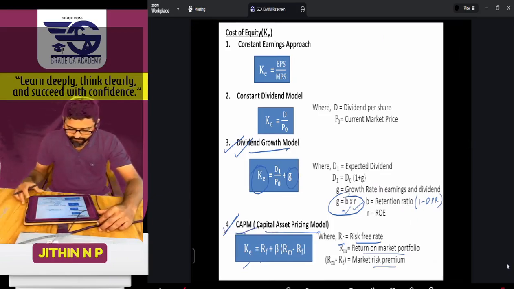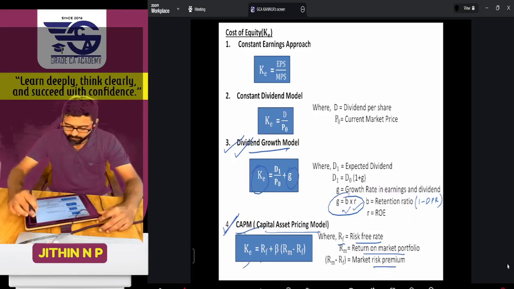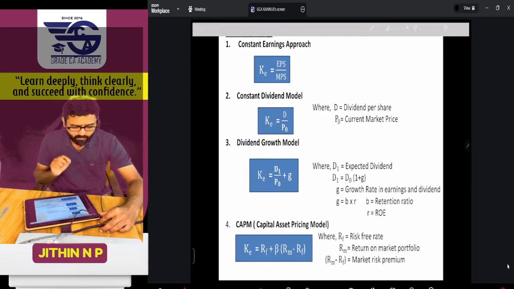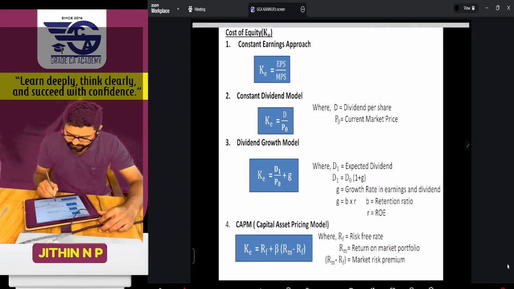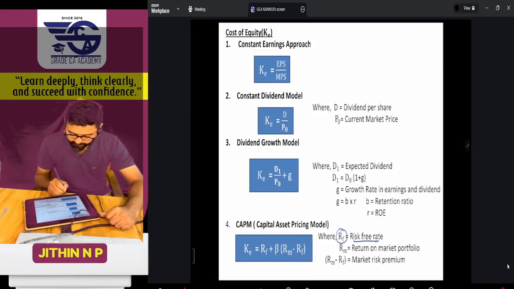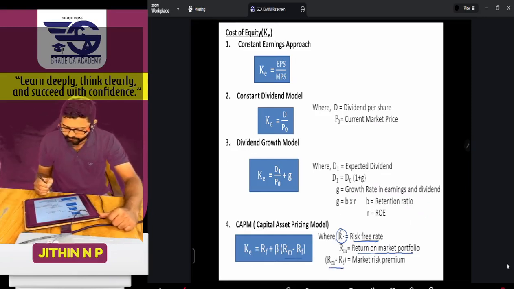Listen here. The concept of the CAPM model. K is equal to RF, the risk-free rate, plus beta into RM minus RF. RM is the return on market portfolio. RM minus RF is equal to the market risk premium.